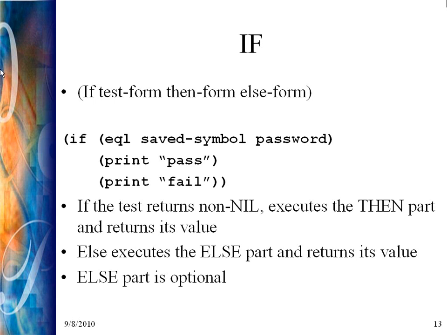The if conditional, if, takes two required arguments, the test form and the then form, and one optional argument. It's not specified as optional there, but it is. When you evaluate an if form, it evaluates the test form, and the test form will either return nil, which means false, or will return any other Lisp value, any non-nil Lisp value.